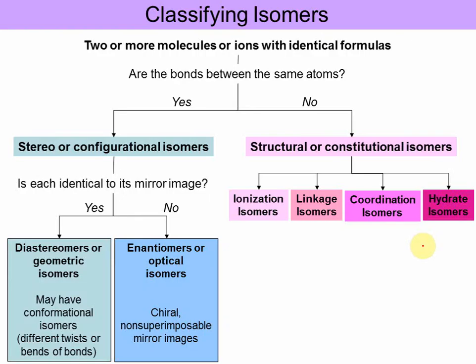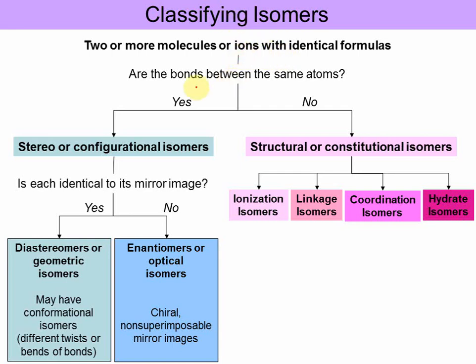So now that we looked at how to name some of these compounds, let's look at how to classify isomers. Isomers are two or more molecules or ions with identical formulas. The first question we ask ourselves is, are the bonds between the atoms the same?